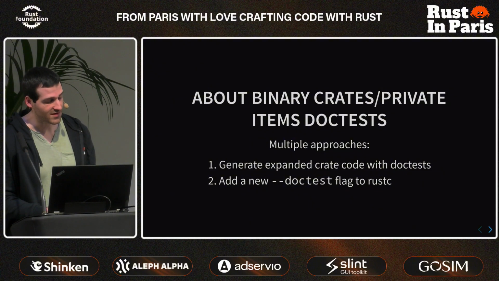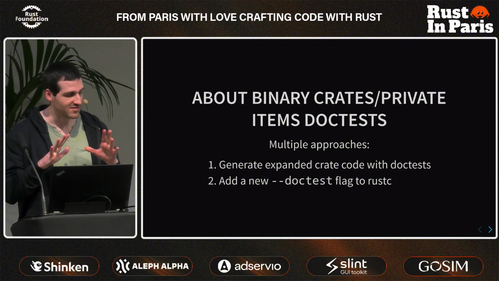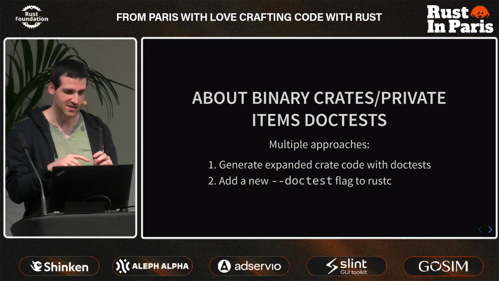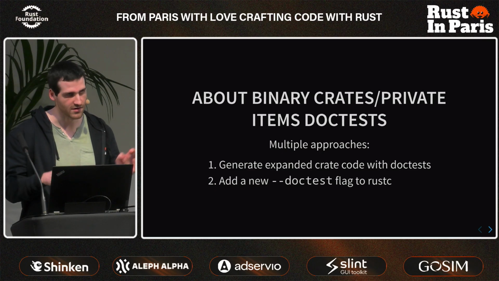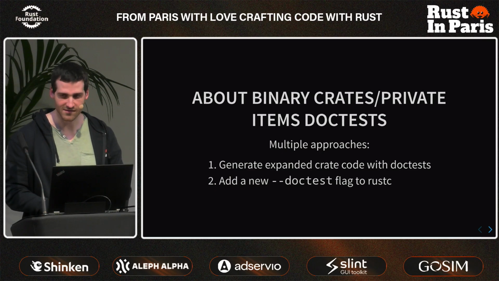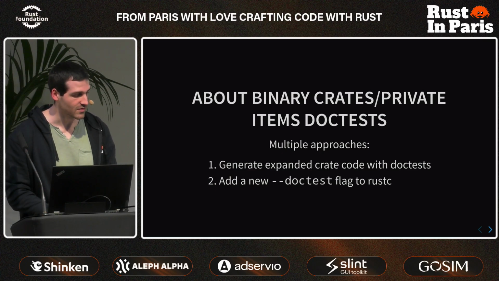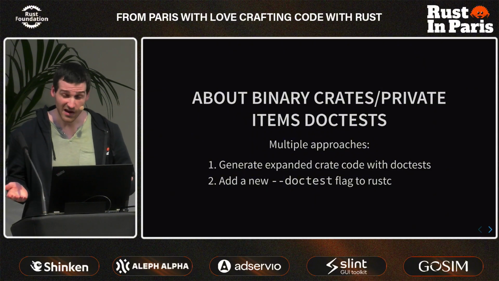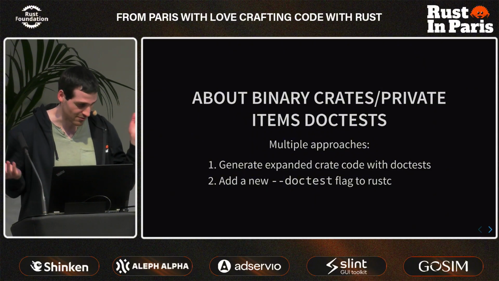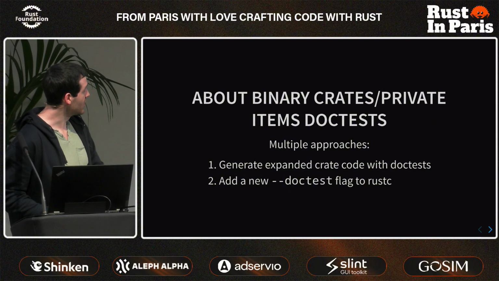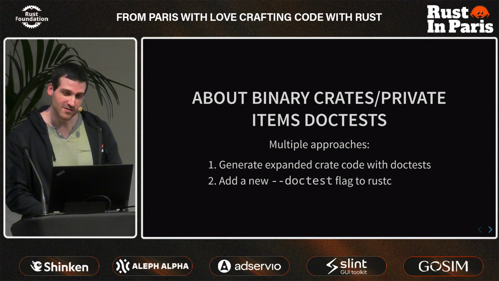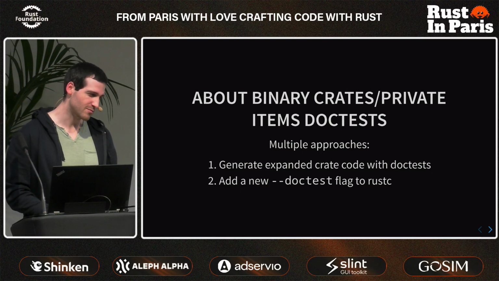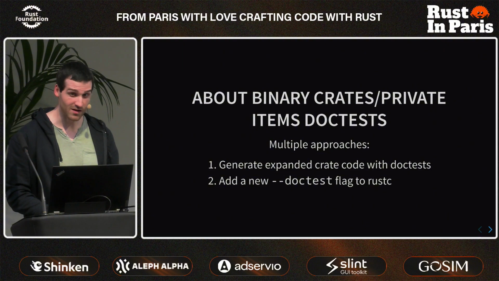So once we have that, we can say, okay, you expand that just like you do for the hashtag, well, let's be simple, the hashtag test attribute. And we could create a rustdoc attribute like that, a rustdoc test, doctest, I don't know, something. We could do that, but I expect the compiler team to not be so happy about that, so I suppose this option will not work.